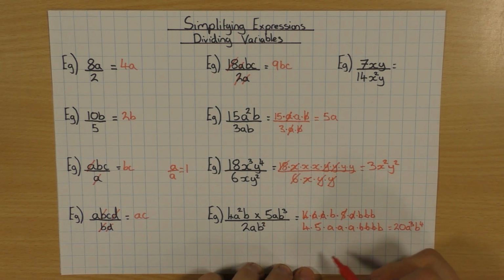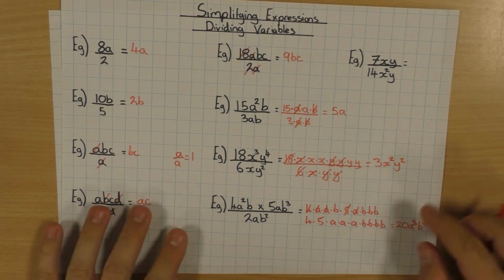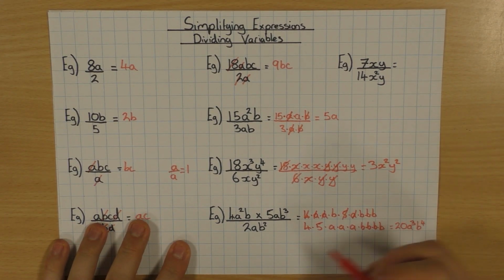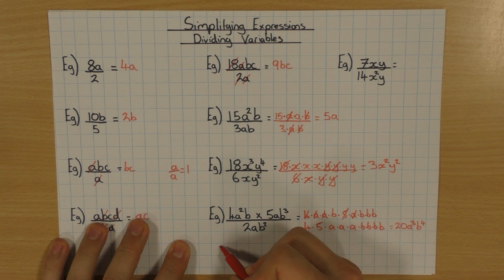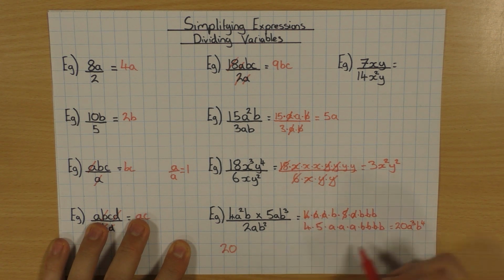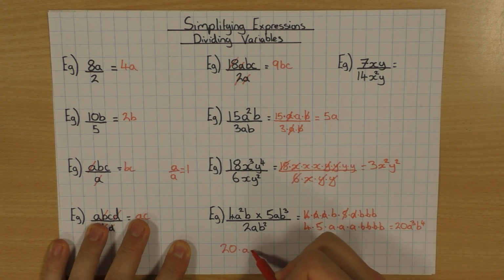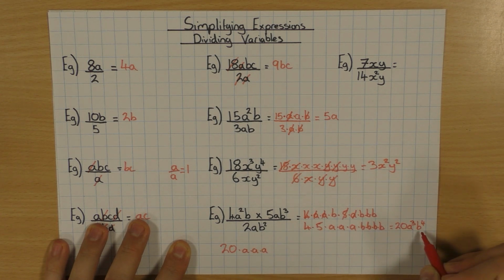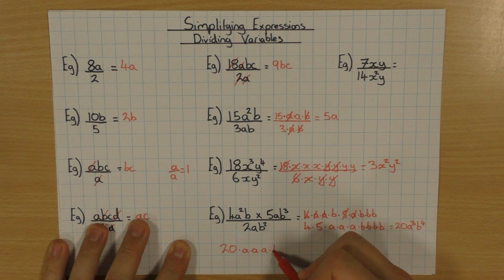However, I'm just going to rewrite this slightly, because I now need to do my division. So I'm going to have my 20, and then a to the power of 3, which is 1, 2, 3 a's, and b to the power of 4, which is 4 b's. So that's what's on top.